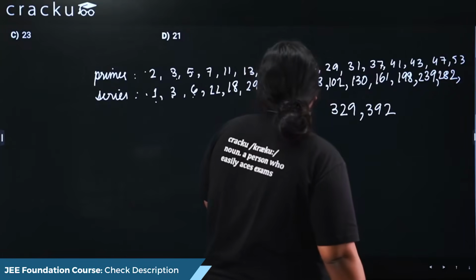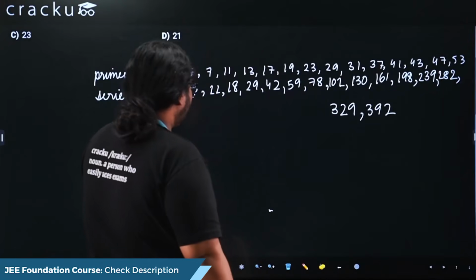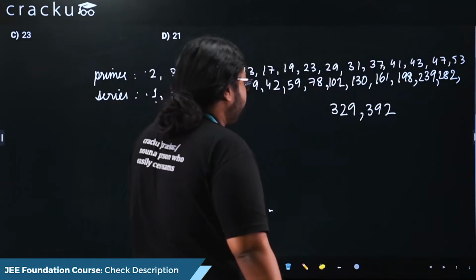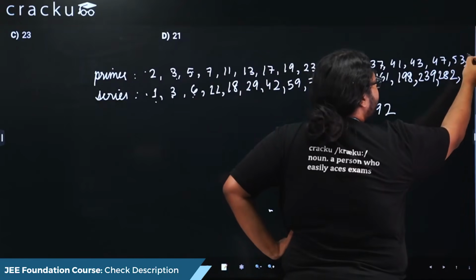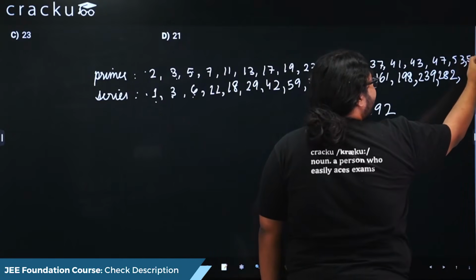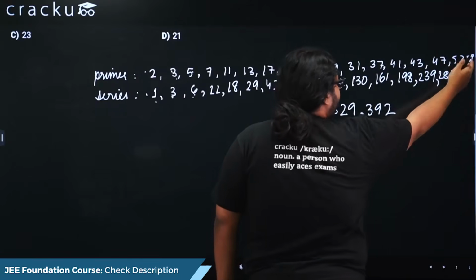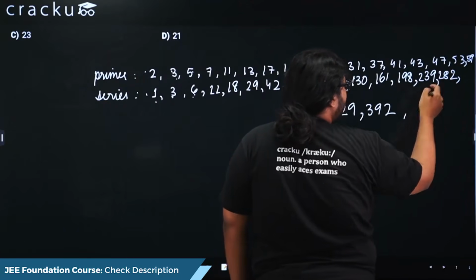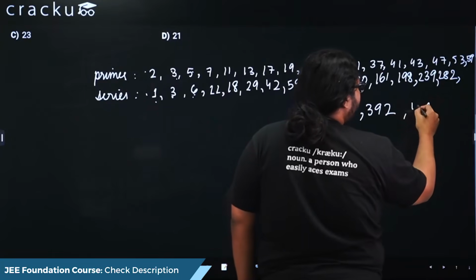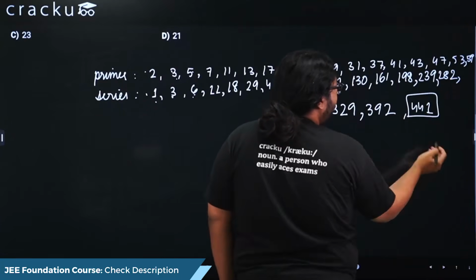Okay, so now if I look here, I still don't see a single square number. The next prime after 53 is 59, and 59 plus 382 should give me 441. Okay, so now we have a square.